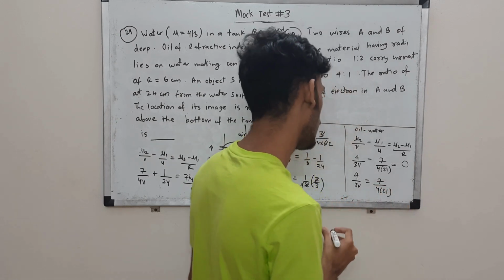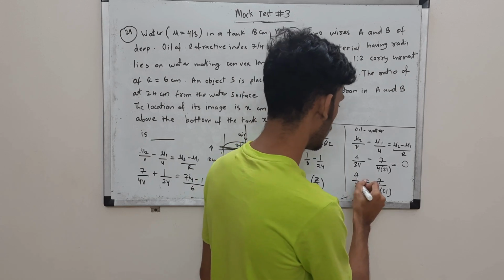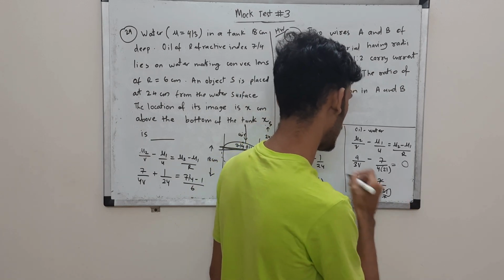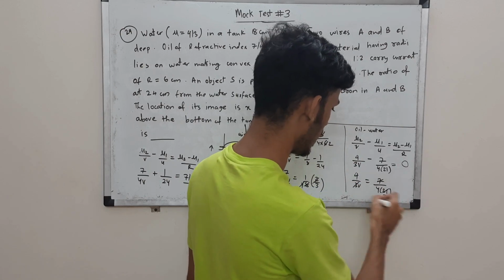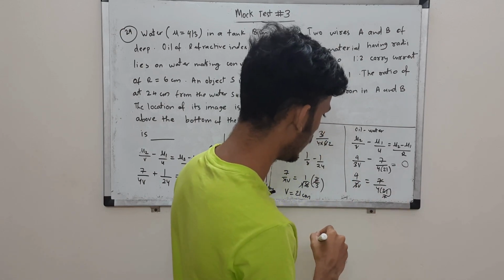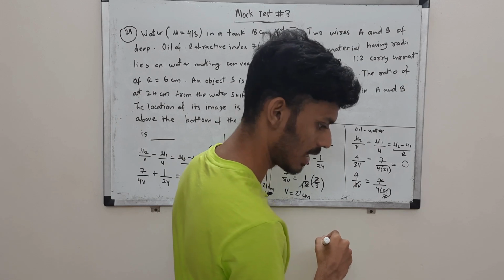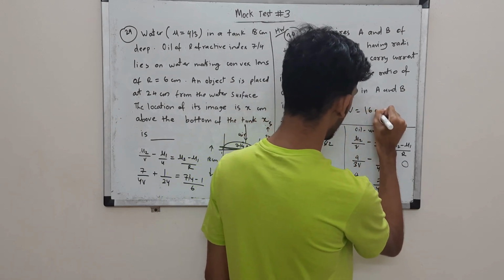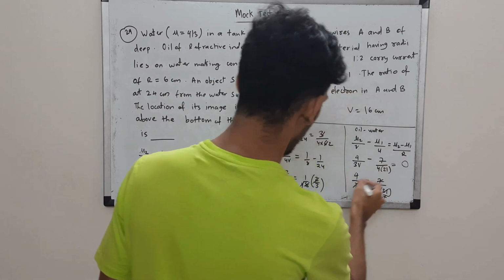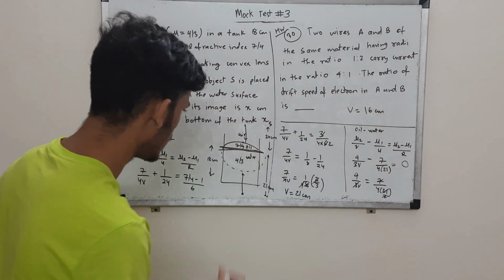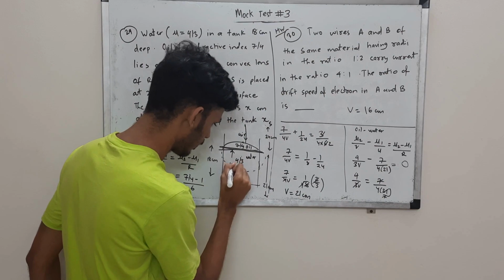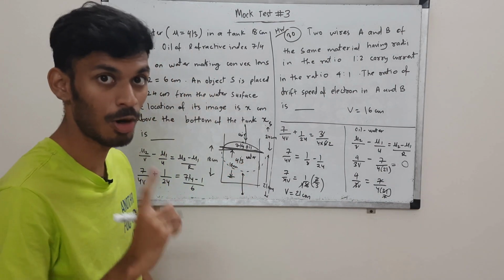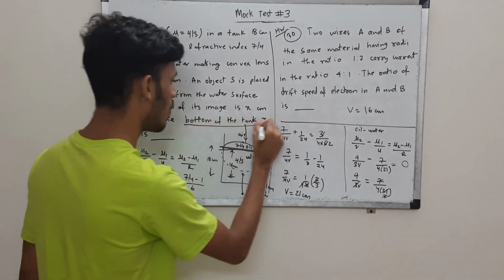So can we cancel out something? I think we can. 3 7s are 21, 7 cancels with 7, right? 7 3s are 21, that will cancel, and v is nothing but 4 4s are 16. So it is 16 centimeters from here, but again your answer over here will not be 16, it is from the bottom of the tank.